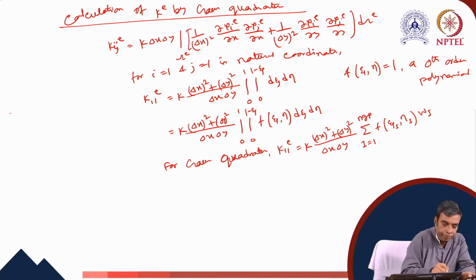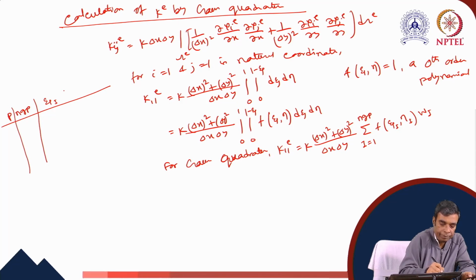So for polynomial order we make a column ngp, then we locate the xi i values and the wi values.